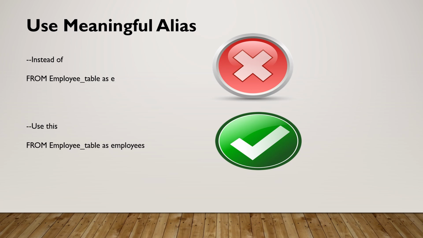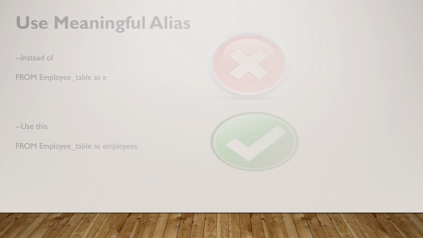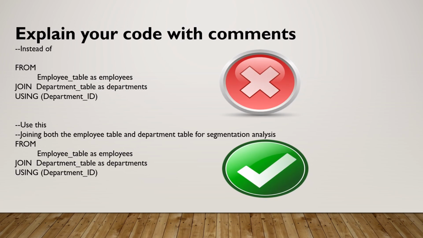Next is explaining your code with comments. As in our scenario, if a new member in the team or someone is reviewing the code, or you want to get back to the code which you have written, you can easily find out what the code is working on. What is the purpose of that particular code?